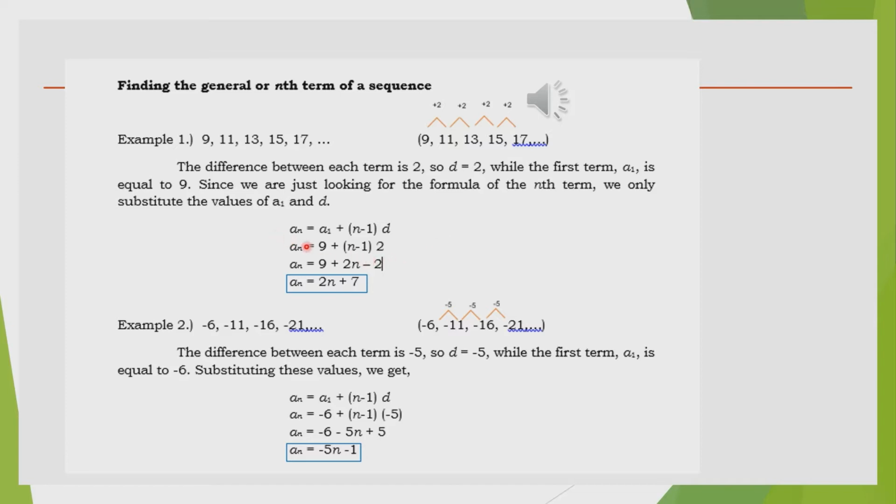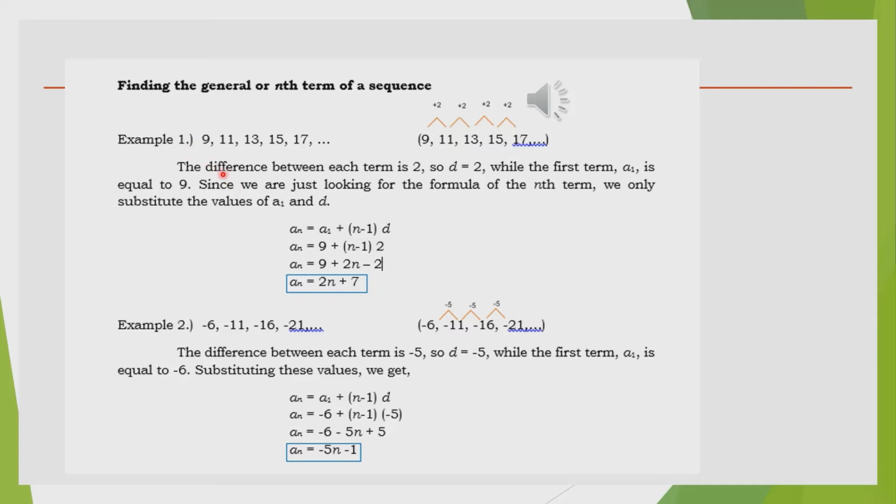So since our a sub 1 is 9, I'll substitute it here, then plus our n minus 1 times 2. And then do the distributive. 2 times n, you have 2n. 2 times negative 1, you have negative 2. So our formula is a sub n is equal to 2n plus 7.